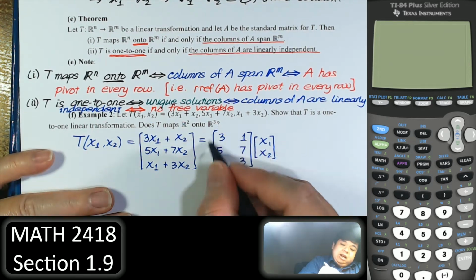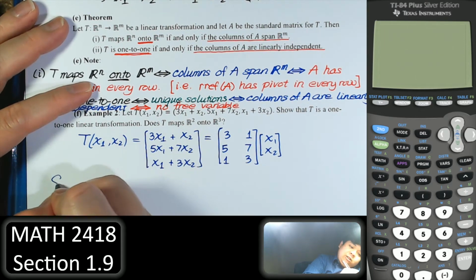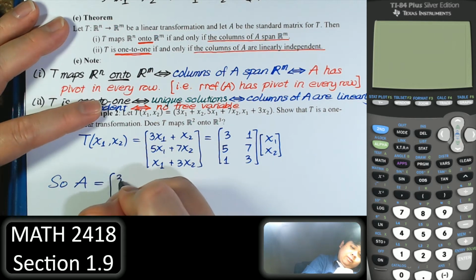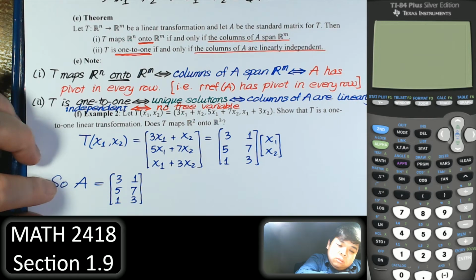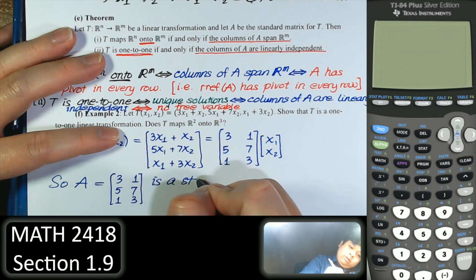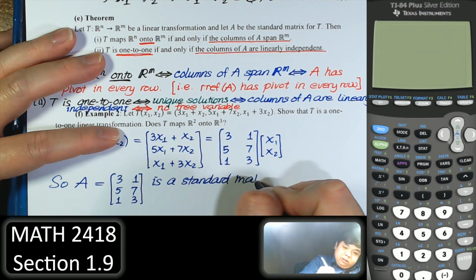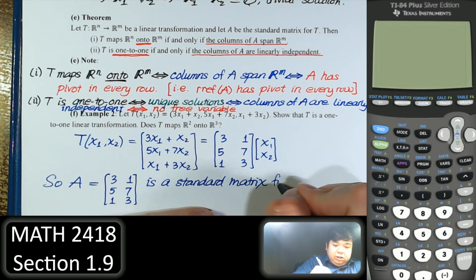So this is the matrix associated to the linear transformation, the standard matrix for the transformation.